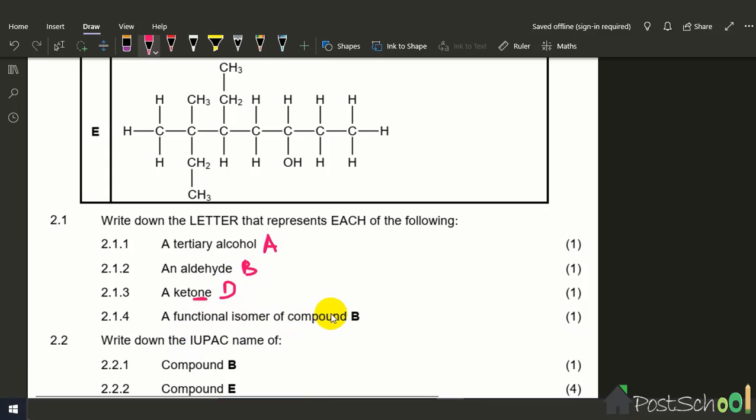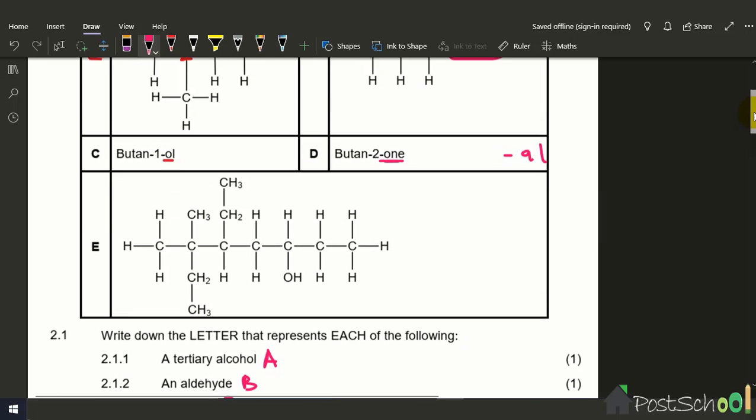A functional isomer of compound B. Which is the functional isomer of compound B?